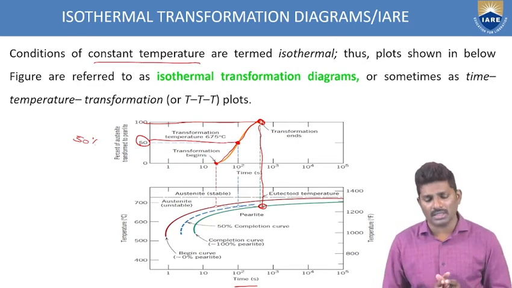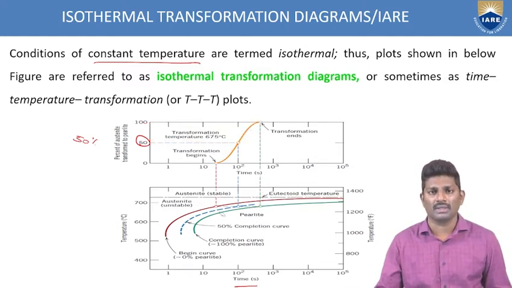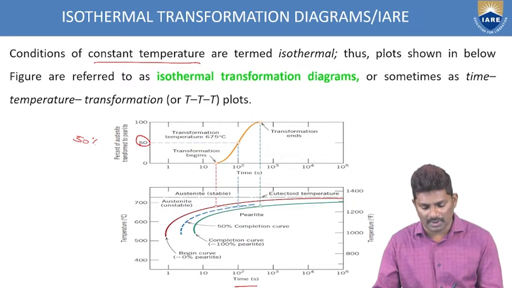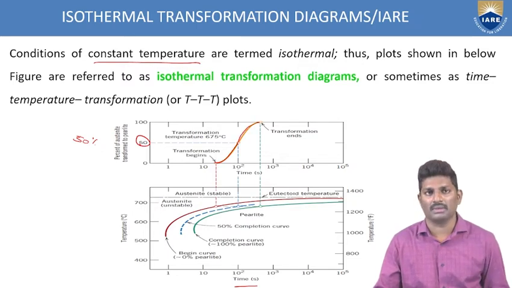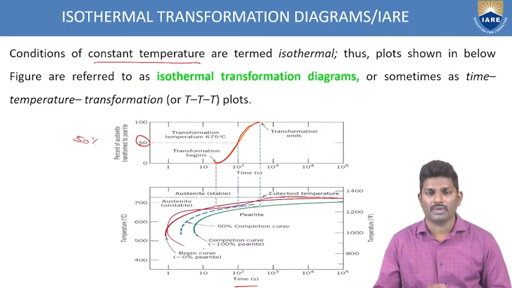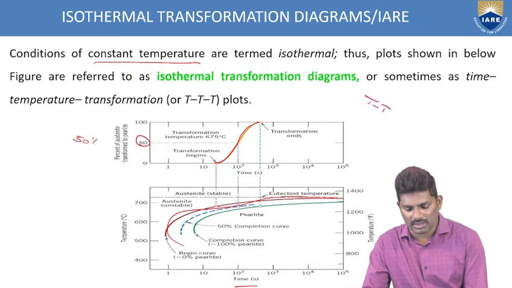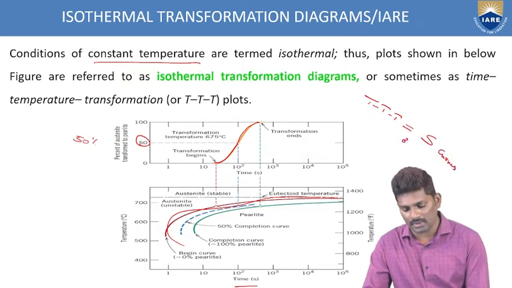Again, these curves are sometimes called C curves and S curves. Why is it called a C curve and an S curve? If you see the shape, it is almost similar to the S symbol, and here you can see it is in the form of a C symbol. That's why these TTT plots are also called S curves or C curves.